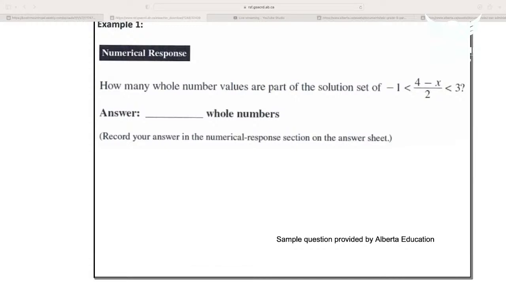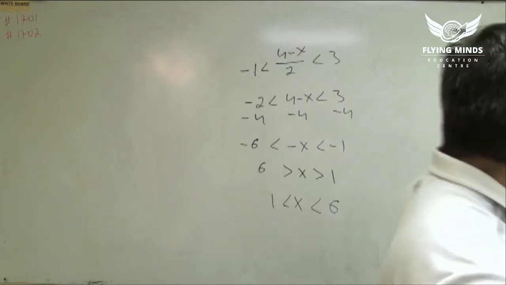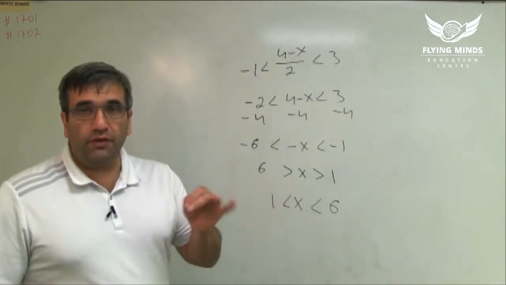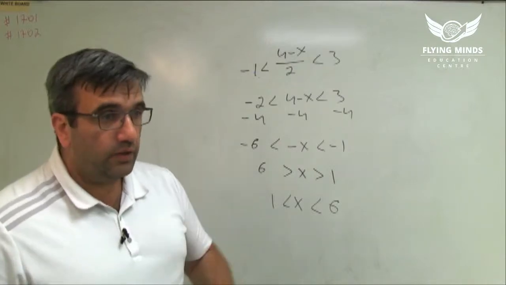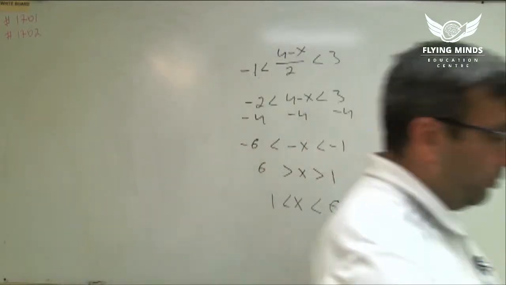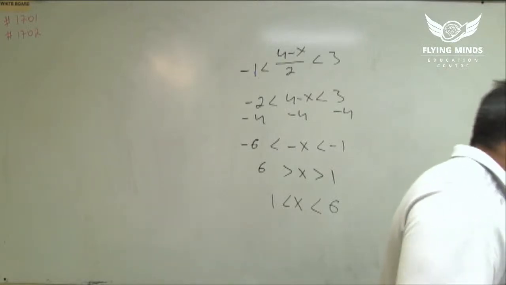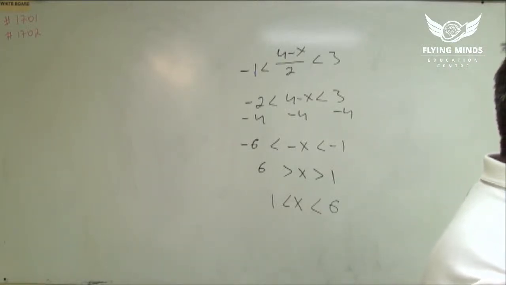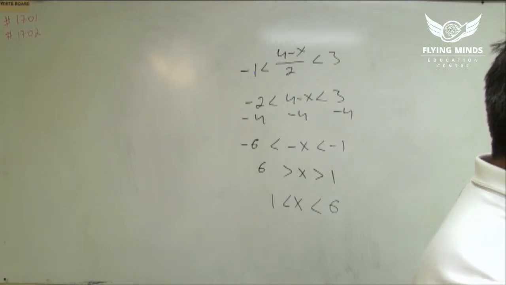So we asked how many whole number values are part of the solution of this inequality. Between 1 and 6, how many values do we have? 2, 3, 4, 5. 4. So 4 whole numbers will be part of the solution. Okay, next question, not this one, this one.